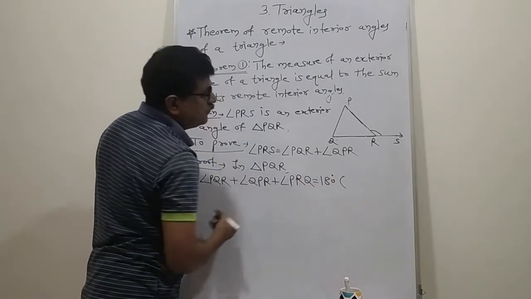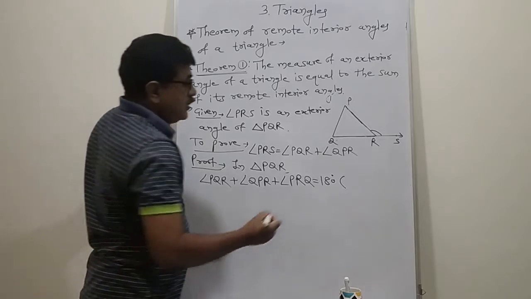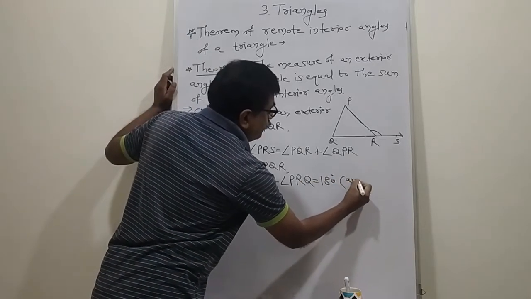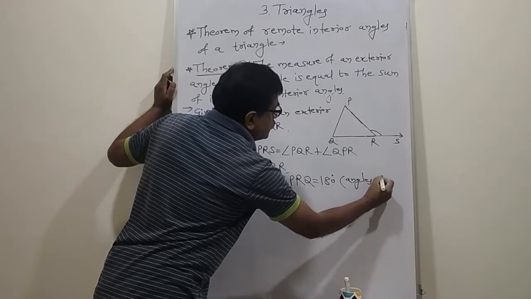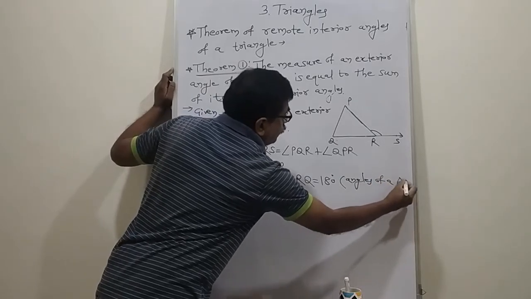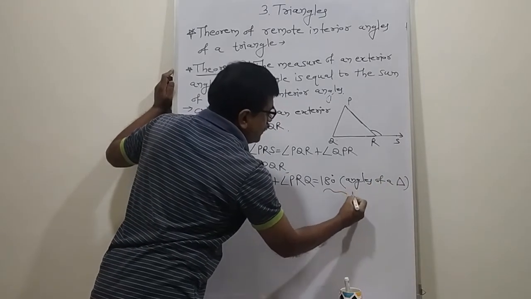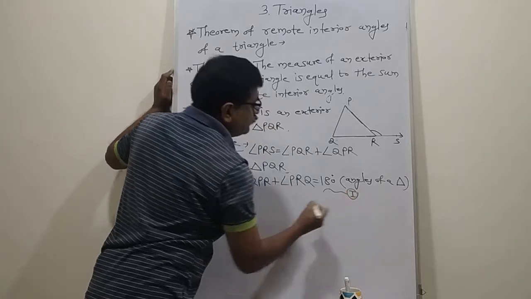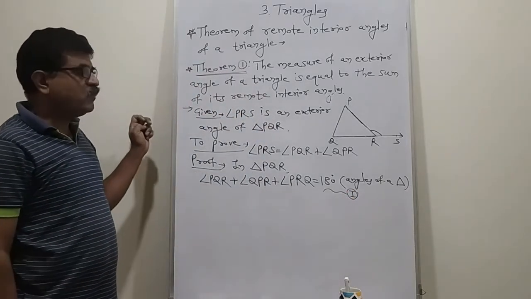Write down in bracket, angles of a triangle. This is number 1. Suppose this is equation number 1.